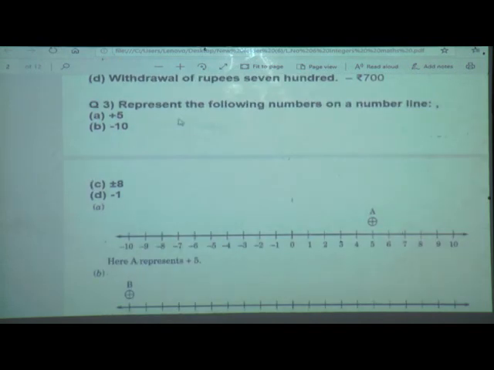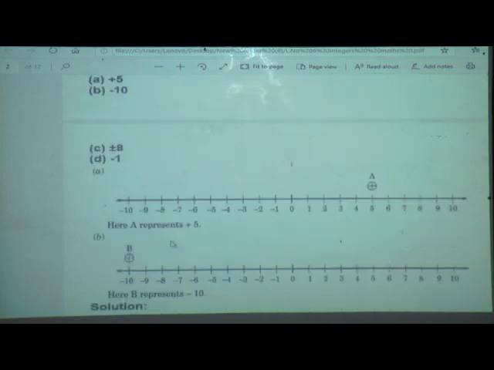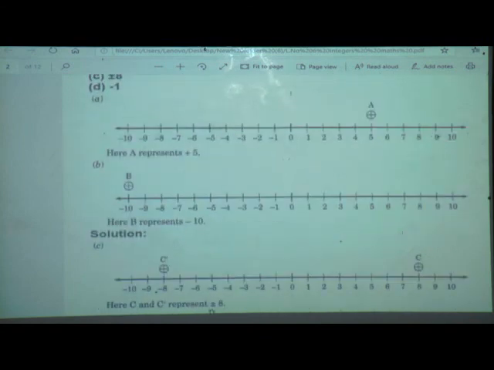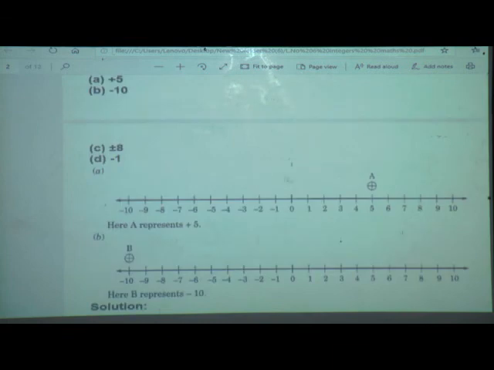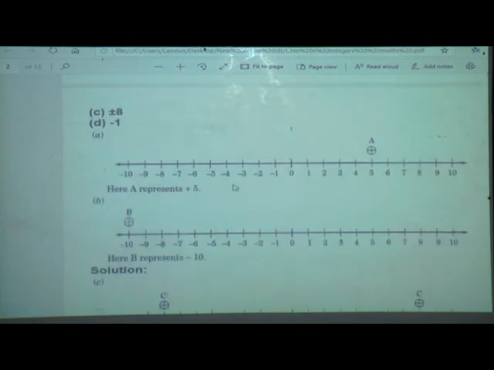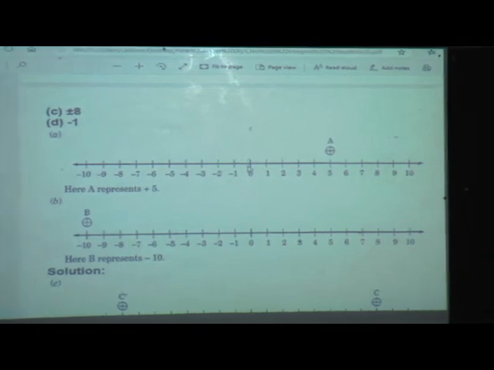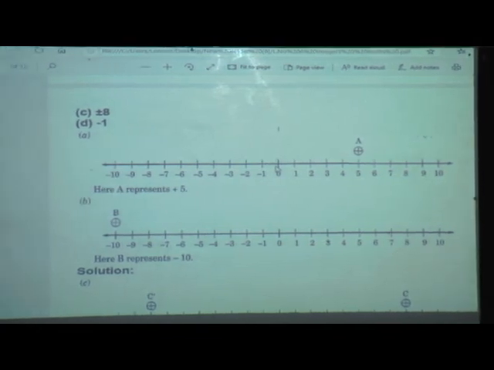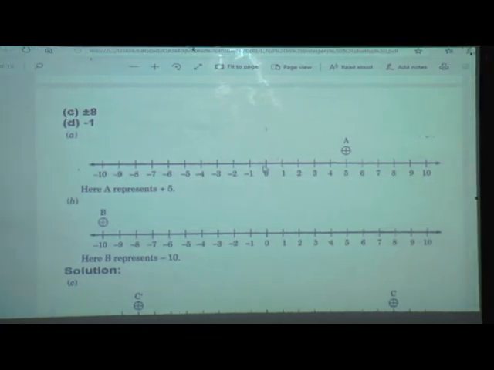Now for representing these following numbers, we have to draw a number line. As you can see, the first question, that we have to represent plus 5 on the number line. So from 0 move to which side we have to move, as it is plus 5? Yes, we have to move towards right side from 0.